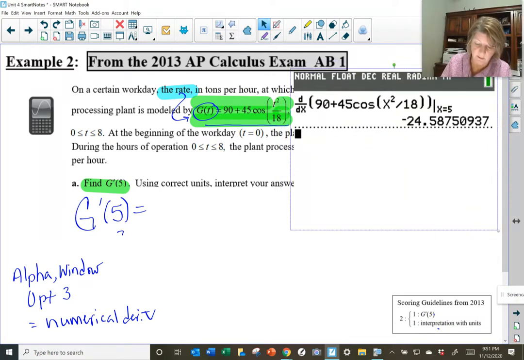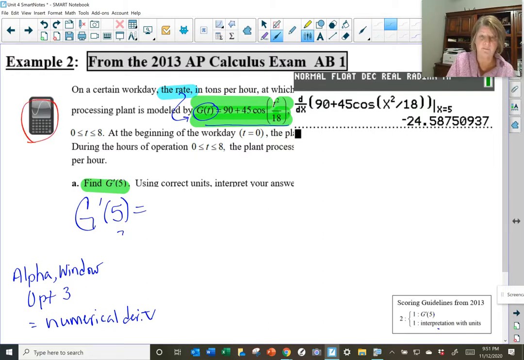So now what do I want to write down for the AP? Since I did the work in my calculator and it was a calculator active problem, I'm fine with showing the left-hand side as G prime of 5. Use a capital G because that's how this function is referenced. And it's going to be negative 24.587.